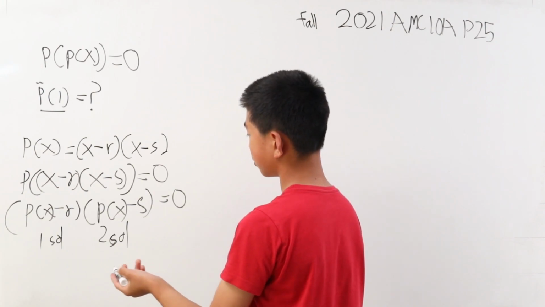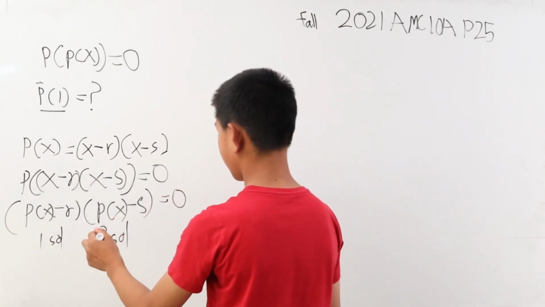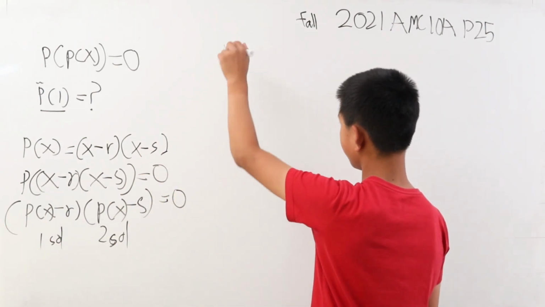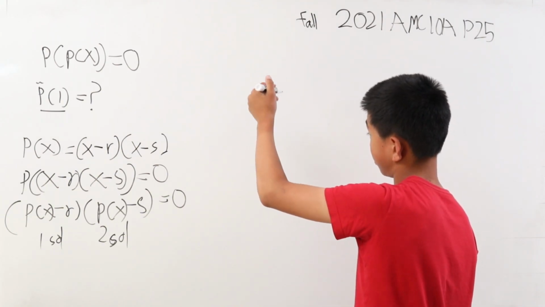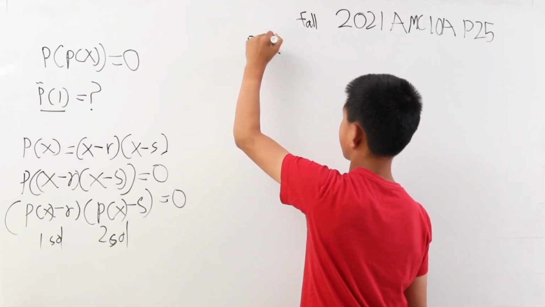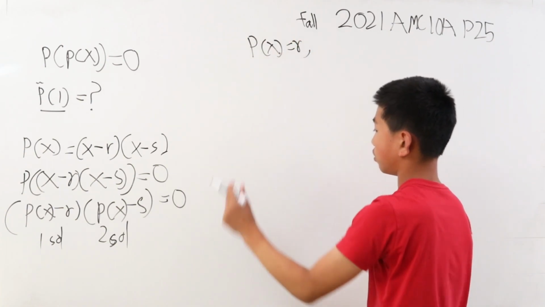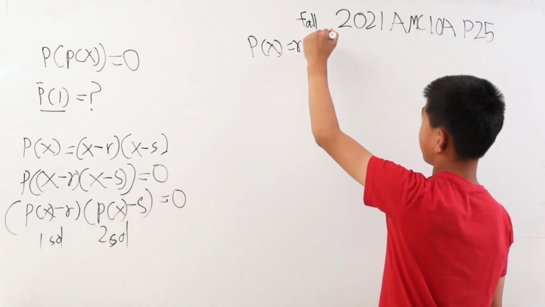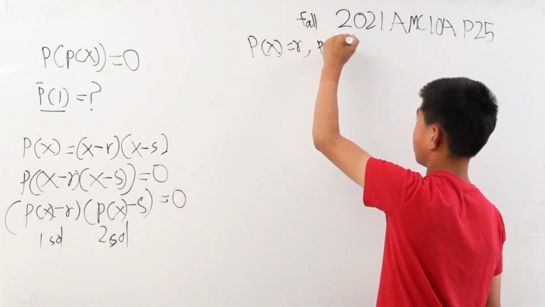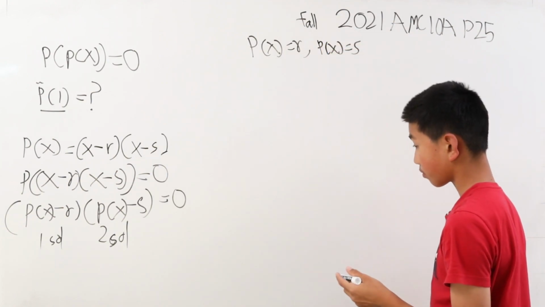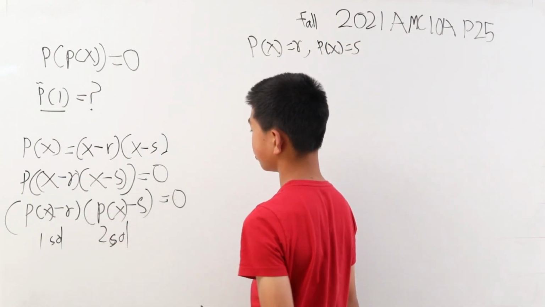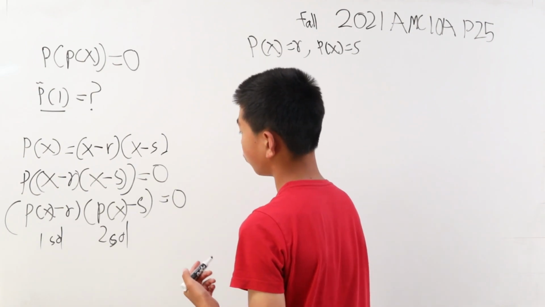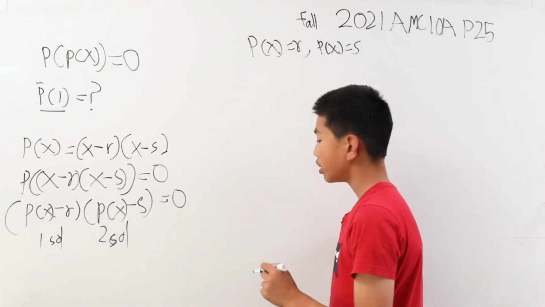Here we have p of x is r, because they have to equal 0, and p of x is s. Now, we have to start with the 1 solution thing. This is a lot more complicated.